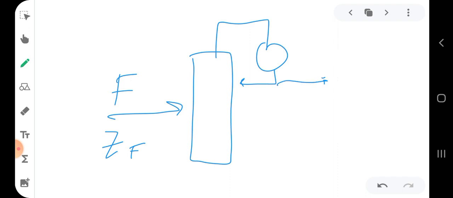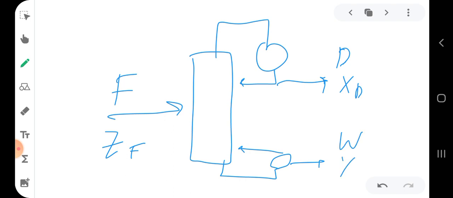This is the top product, the distillate, and this is the reboiler, and this is the bottom product, and this is the distillate with X distillate, and this is the waste with X waste. Okay, and here there are some stages.